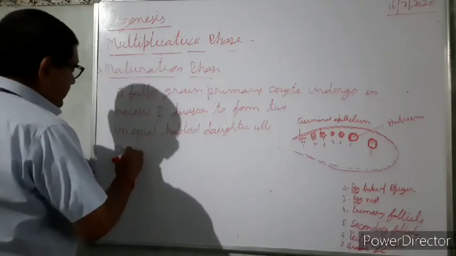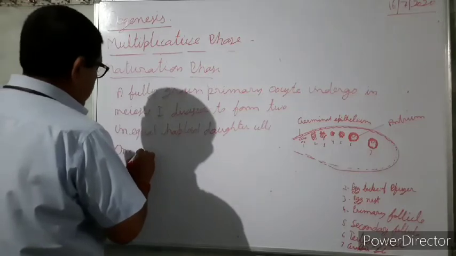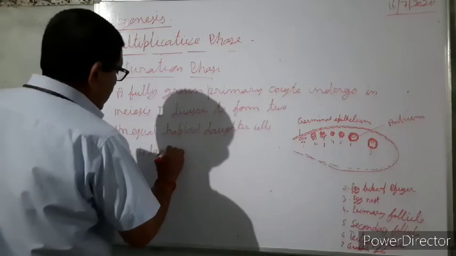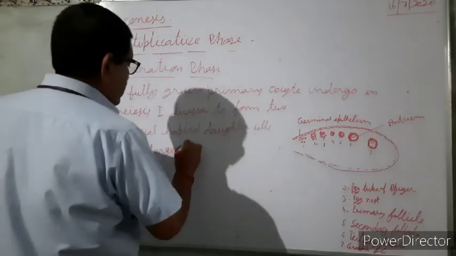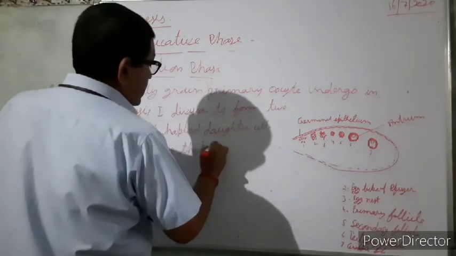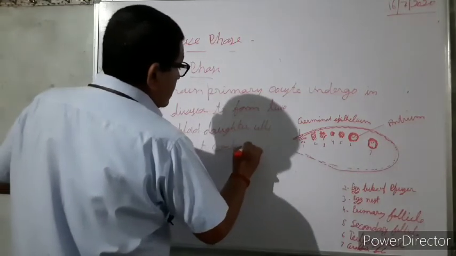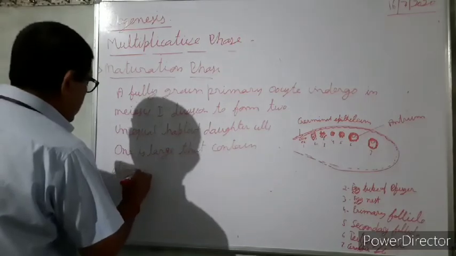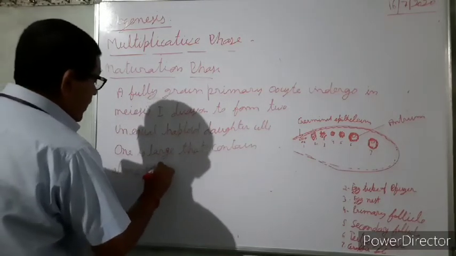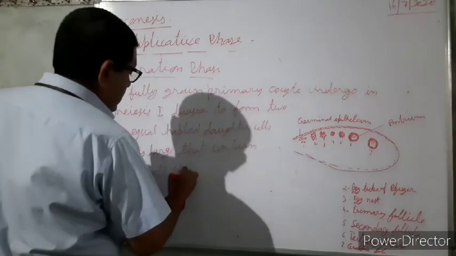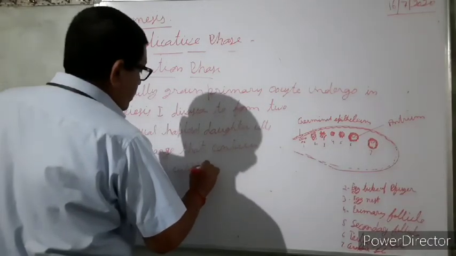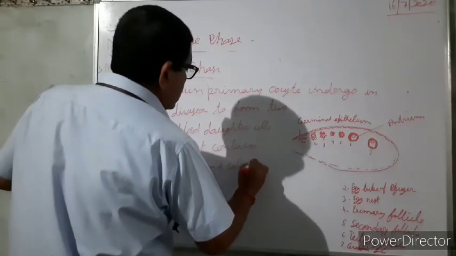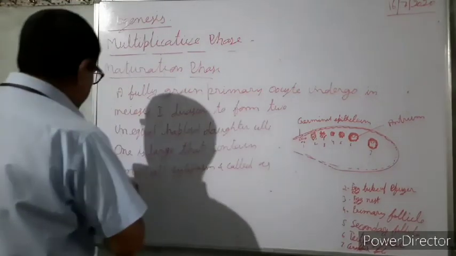One is large, containing almost all the cytoplasm, and is called the secondary oocyte.